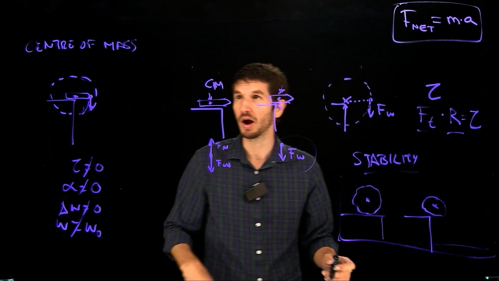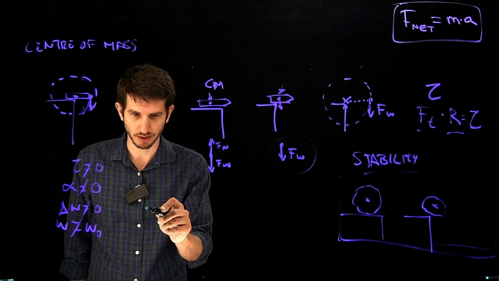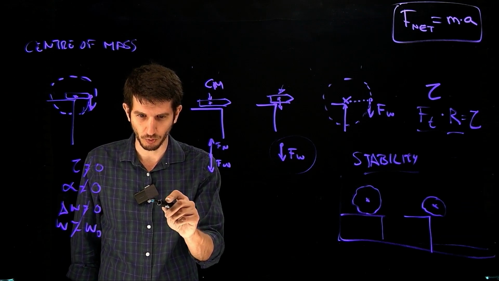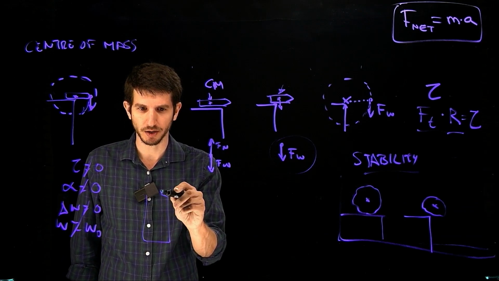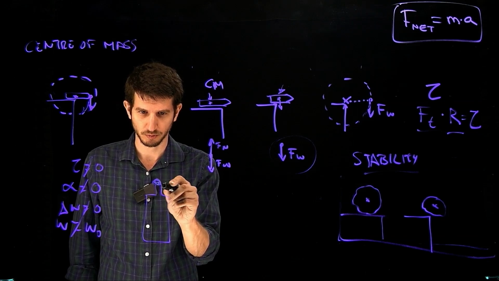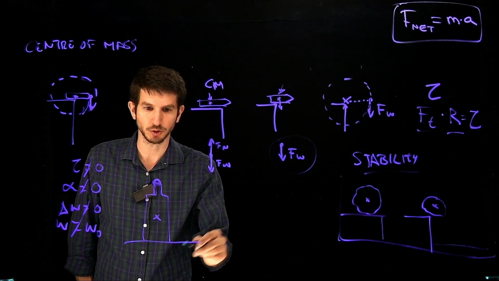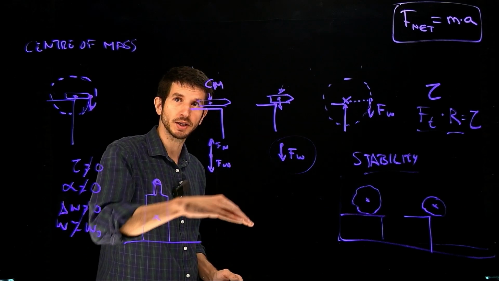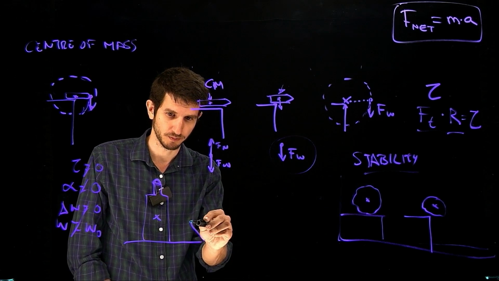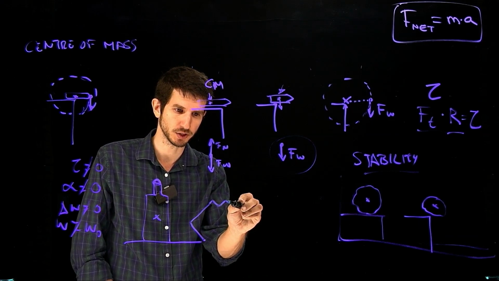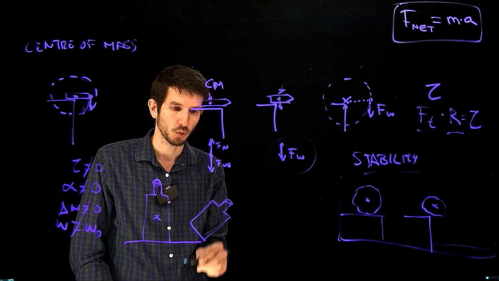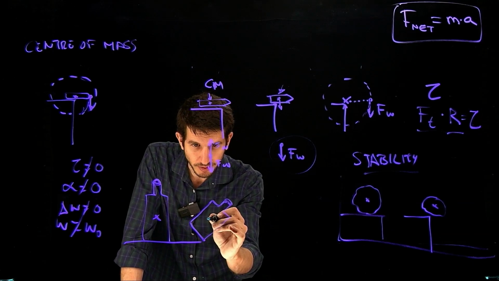Let's take a bottle of wine, and say this is the bottle of wine. Where is the center of mass? Let's say the center of mass is here and the bottle is on the table. And I say, now I'm going to tilt the object. So I'm going to put it this way. Is this enough, or is this going to rotate or not? What do I have to do? I need to find the center of mass.